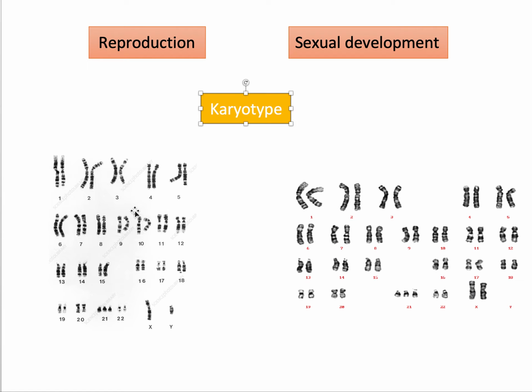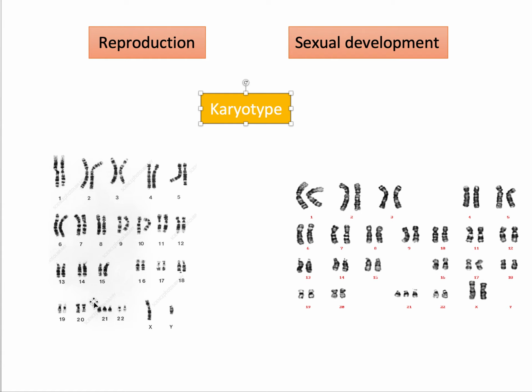In this case right here, in both cases actually, on 21 there are 3 chromosomes. Why is that? Everything else has 2. This is because this is not a normal boy, not a normal girl, and this is not a normal boy. They have an extra chromosome on 21, and this is called trisomy 21. This causes you to be autistic.